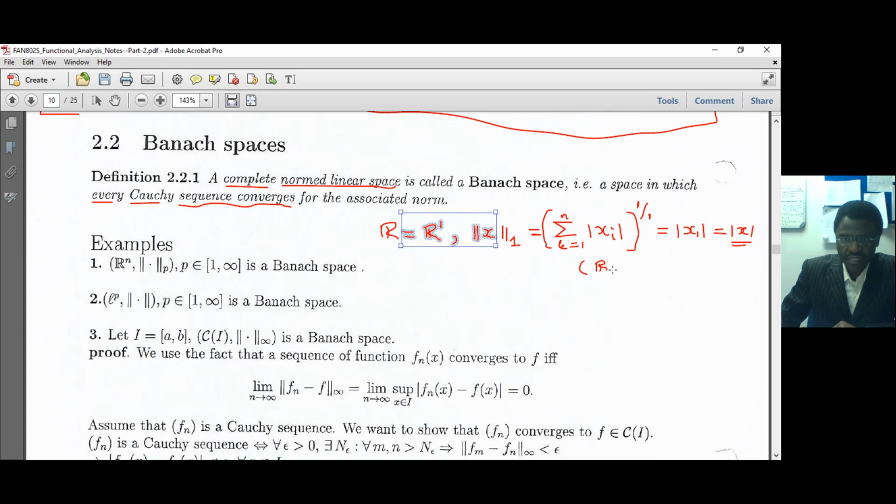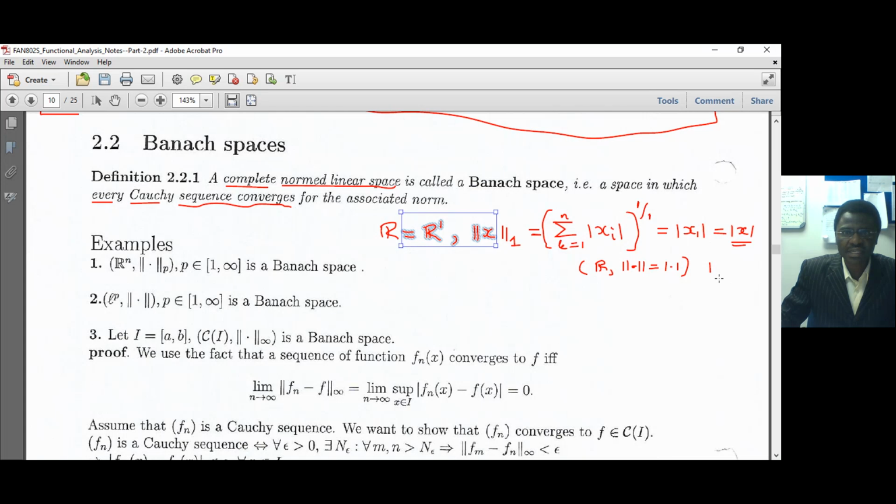So R, with the norm reduced to the absolute value, is a norm space, obviously. And you saw that this is a Banach space.